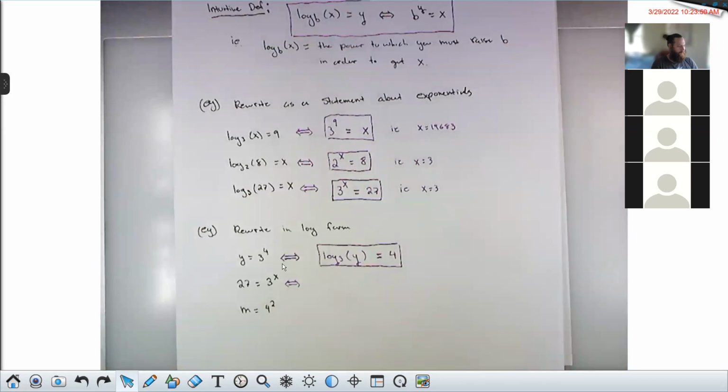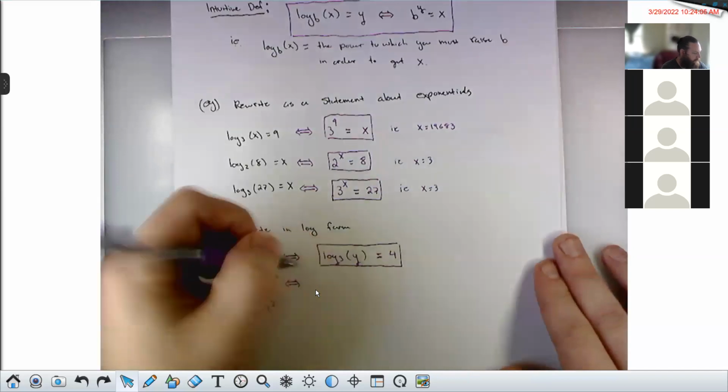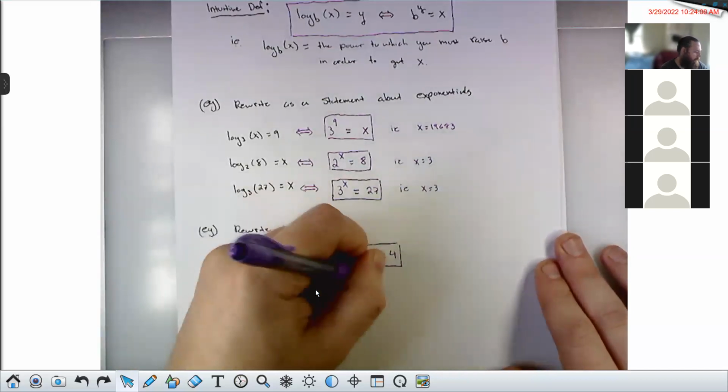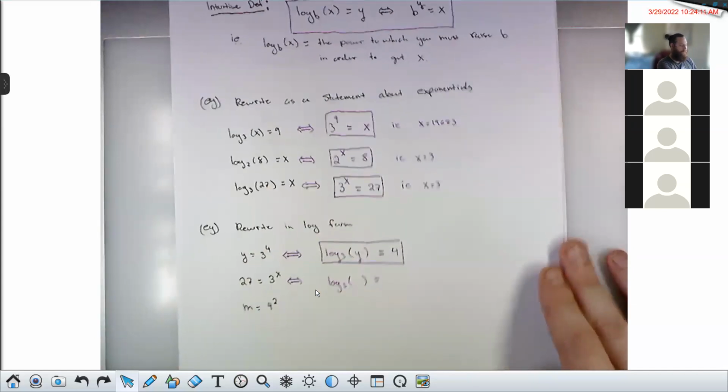Same again here. If I tell you 27 is equal to 3 to the x, it's going to be a statement about some sort of logarithm. And the base of the log is again going to be the same as the base of the exponential statement. So this is going to say that the log base 3 of something is equal to something else.